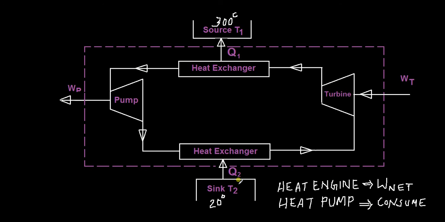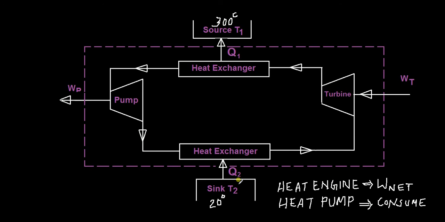So these cycles, in theory, are just reversed. The operations involved are pretty much similar. One will be a pump and the other will be a compressor. One will be a heat exchanger, the other will be a condenser, and things like that. But in principle, all the processes involved are very similar. It's two heat transfers and two work transfers.